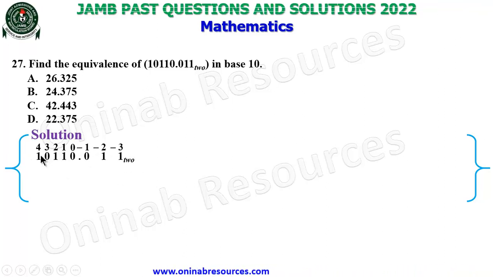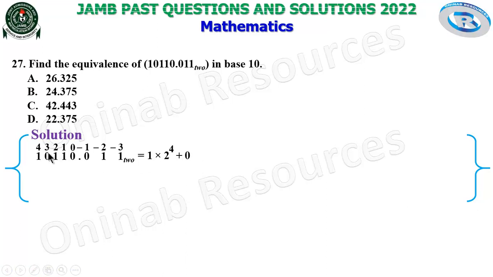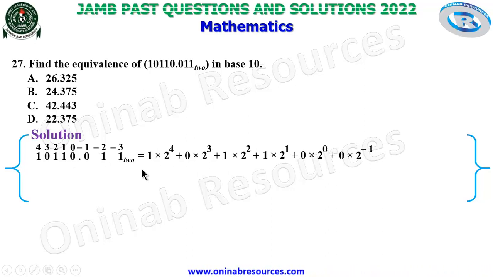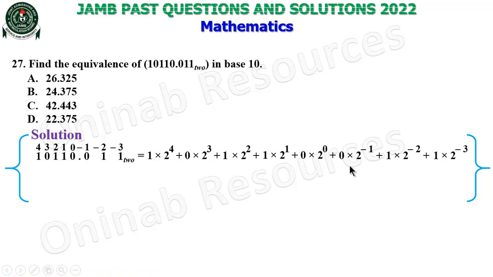So that we now pick 1 times the base 2 raised to power 4, plus 0 times 2 raised to power 3, plus 1 times 2 raised to power 2, plus 1 times 2 raised to power 1, plus 0 times 2 raised to power 0, plus 0 times 2 raised to power -1, plus 1 times 2 raised to power -2, and plus 1 times 2 raised to power -3.